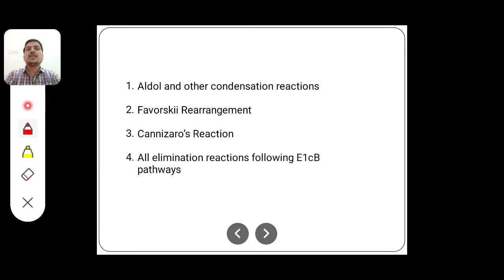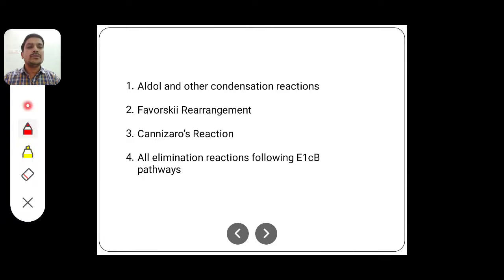Then what are the applications, or which reactions are there which involve carbanion formation? First one is a very famous reaction, aldol condensation, and many other condensations like Claisen ester condensation, Perkin condensation, Dieckmann cyclization. Such reactions do involve the formation of carbanion. They take place via formation of carbanion.